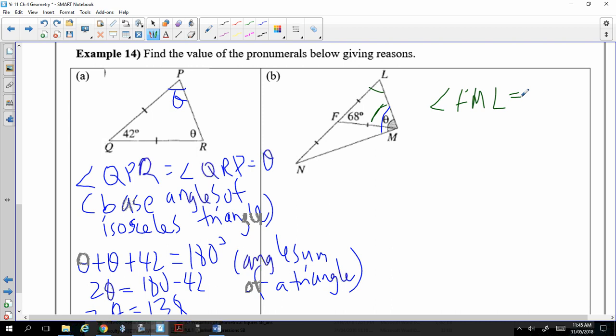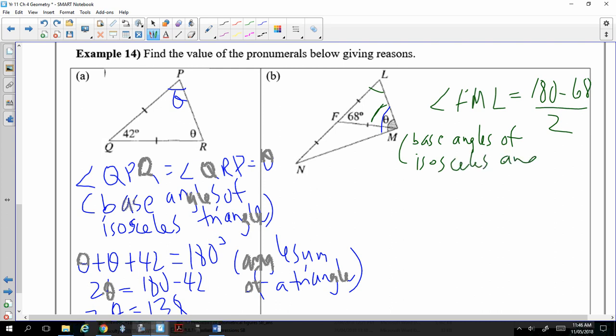Now, why is it like that? Because it's isosceles. You give two reasons: base angles of isosceles and angle sum of triangle FLM.